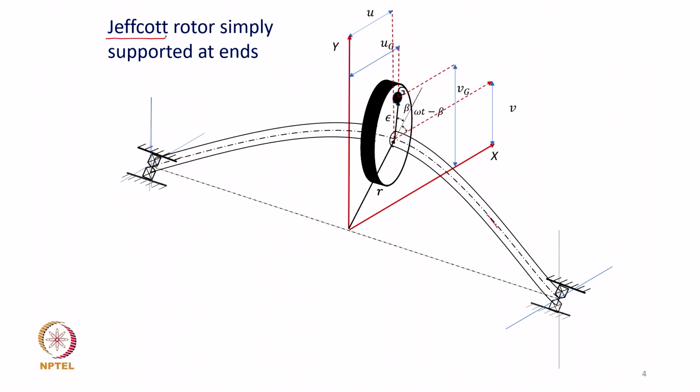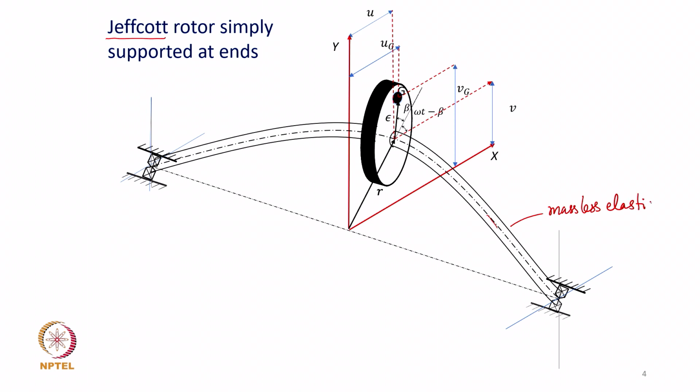So, a rotor with a massless shaft. The shaft will obviously not be massless, but compared to the disc mass, if it is a slender shaft, the mass will be much smaller, right. And therefore, we assume a massless elastic shaft. It is our assumption.